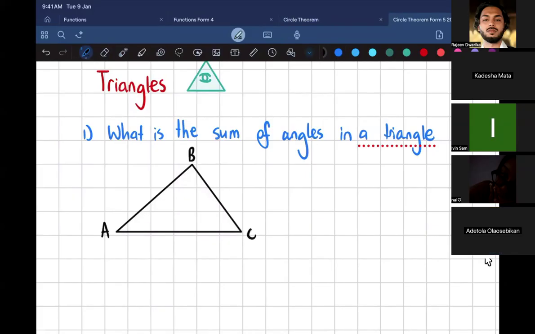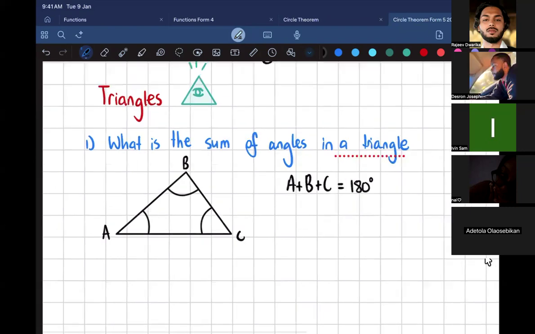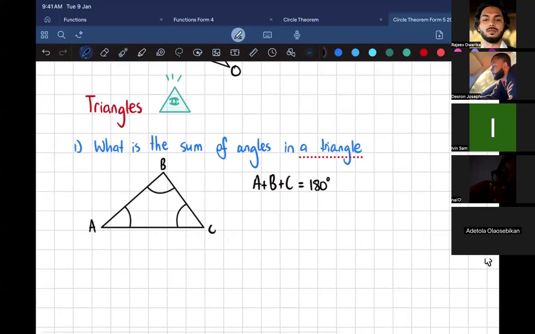Does everybody agree with that? Okay, good. So if I add up angle A with angle B and angle C, that's supposed to be equal to 180 degrees. Does John remember that? Good. Let me give you a question now.